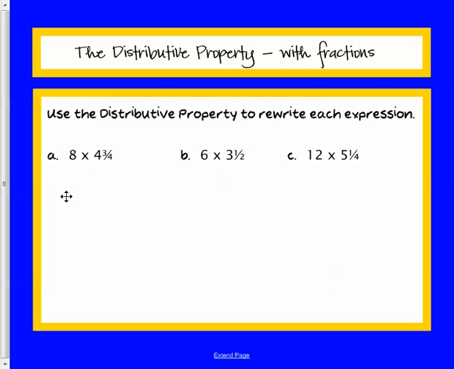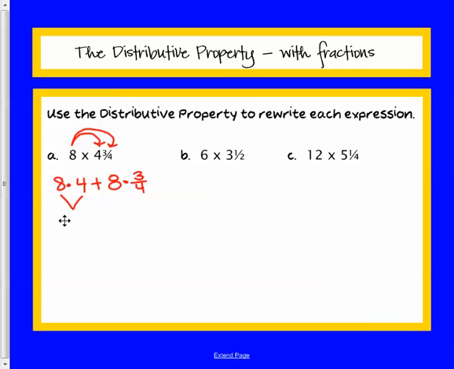All right, so what do we do when we have fractions? Well, the nice thing about this is we could distribute the 8 to the 4 and to the 3/4. So we could take 8 times 4 plus 8 times 3/4. Okay, so if we think back, what's 8 times 4? You can use your calculator if you need to for these problems.